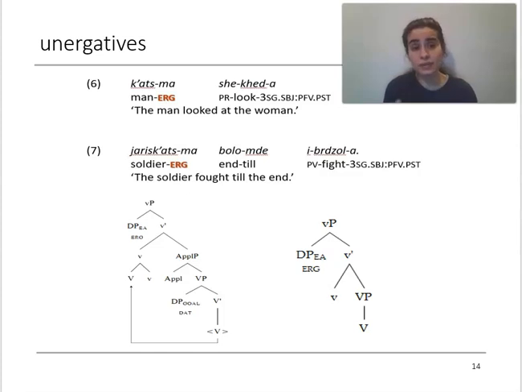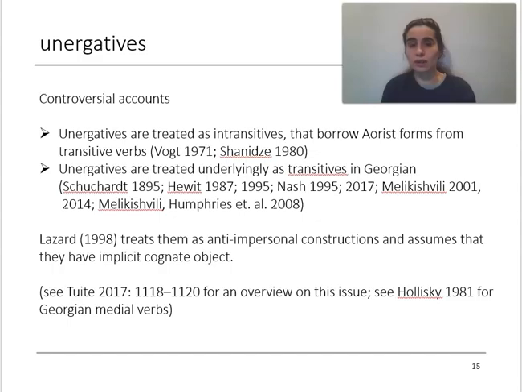But is this really the case? Here the question comes, and here come a lot of controversial accounts. So, anergatives in Georgian assign ergative case, and as Georgian shows split ergativity patterns, it is assigned in aorist forms.